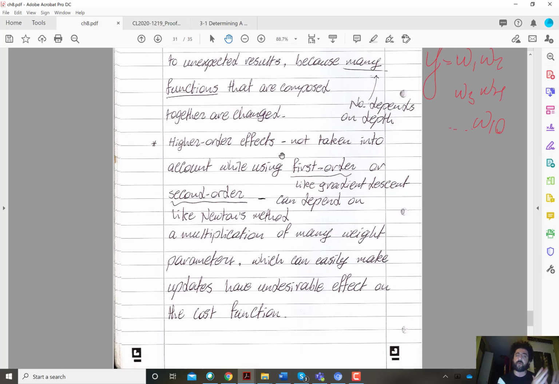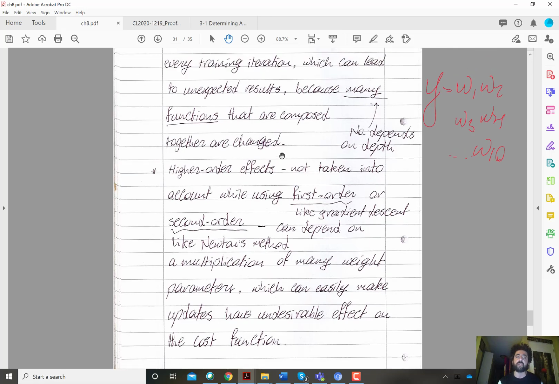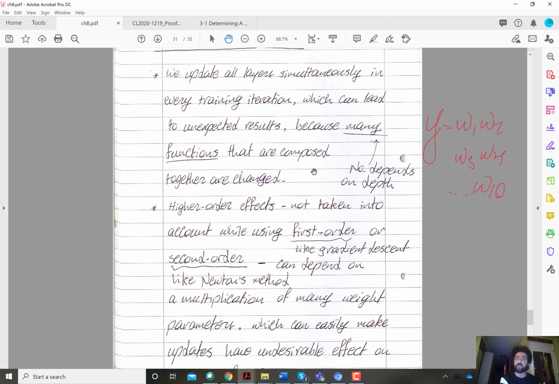So this is the first part, the description of the problem: the simultaneous update of parameters can lead to unexpected results. Another way of thinking of that is that the statistics that each layer sees can change significantly. For example, the inputs to the second layer are outputs of the first layer.